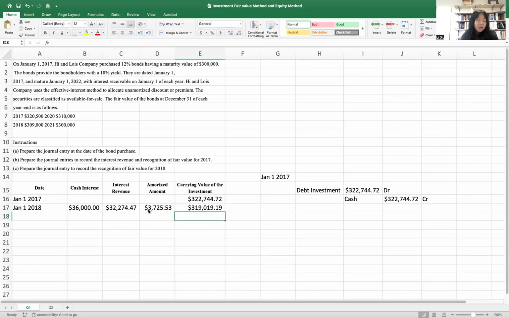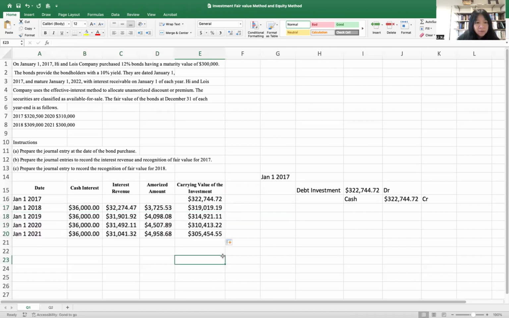A student asked me, how do you know we should subtract, not add? It's because we know at the end of the amortization, this number has to be the face value, which is $300,000. So go from 322,744 to 300,000. The only way is going down, not going up. We can just do this again for the rest of a couple of years.